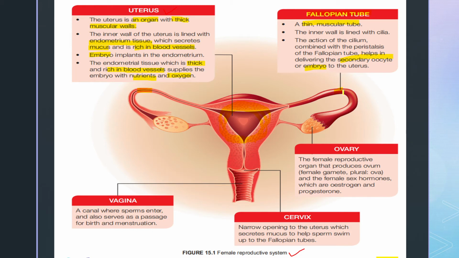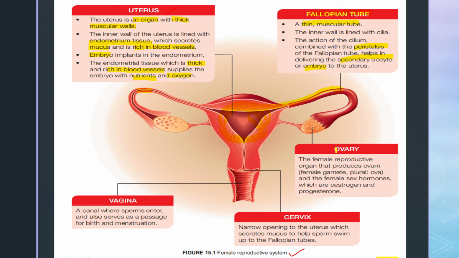So all the way from the fallopian tube, traveling into the uterus to be implanted. Take note that peristalsis not only happens along the digestive tract, but also in the fallopian tube.